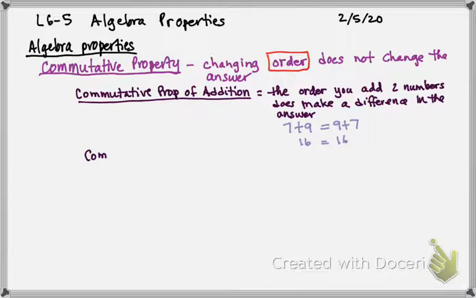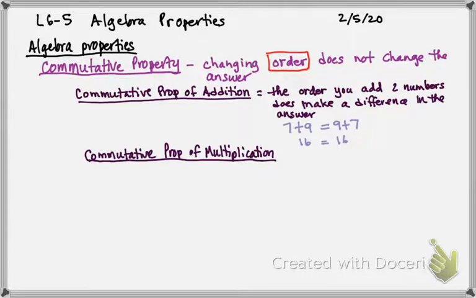Okay? Now, commutative property also works for multiplication. Commutative. Again, I'm going to abbreviate property to prop of multiplication. Now, when you are identifying properties in the practice that we'll do tomorrow, you can't just say commutative property.